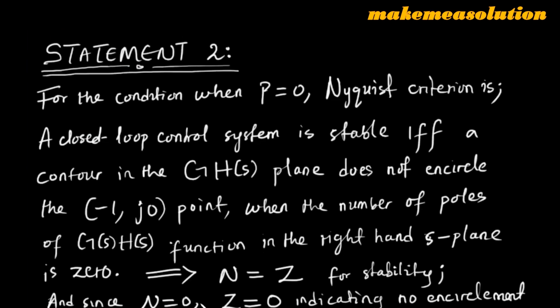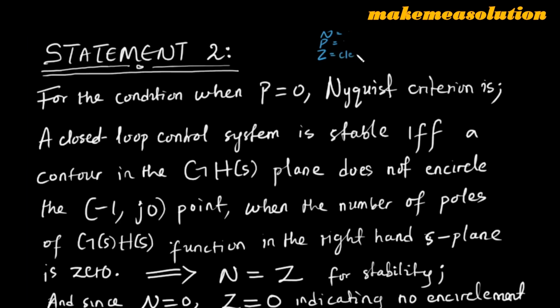So going down to statement 2. Statement 2 tells us that for the condition when P is equal to 0, we still remember what N, P, and Z are. N is the number of encirclements, P is the number of open loop poles, and Z is the number of closed loop poles.